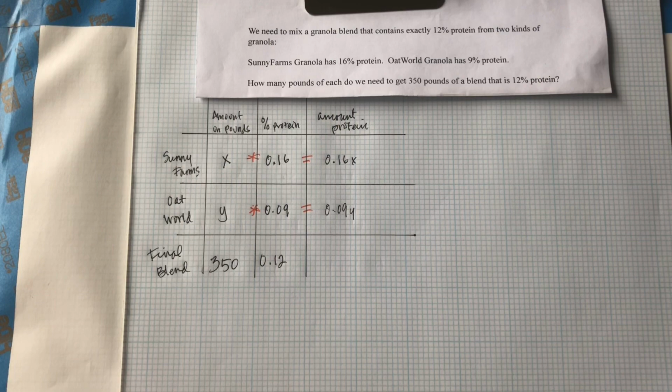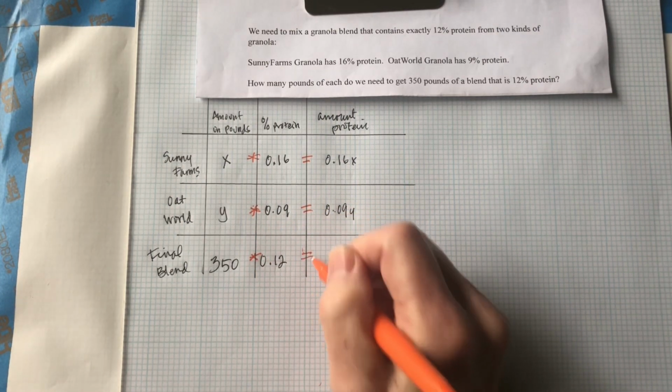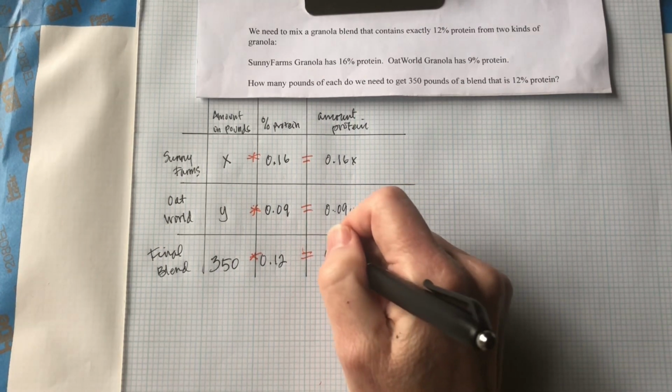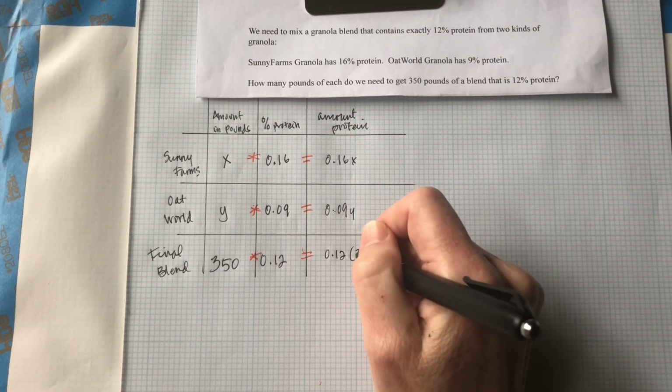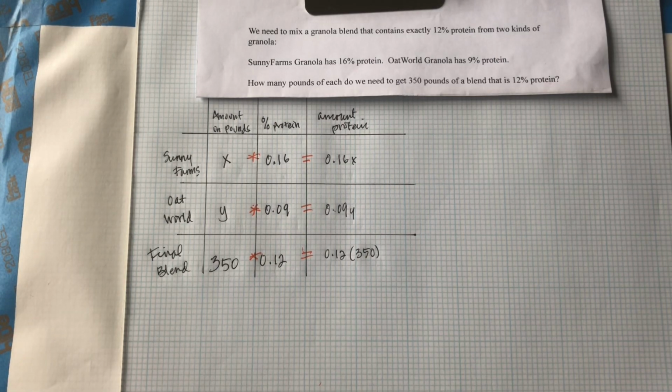And 350 times 0.12 is going to give us 0.12 times 350. And I'm not going to multiply that on the calculator just yet, because I want to show you how these equations set up.